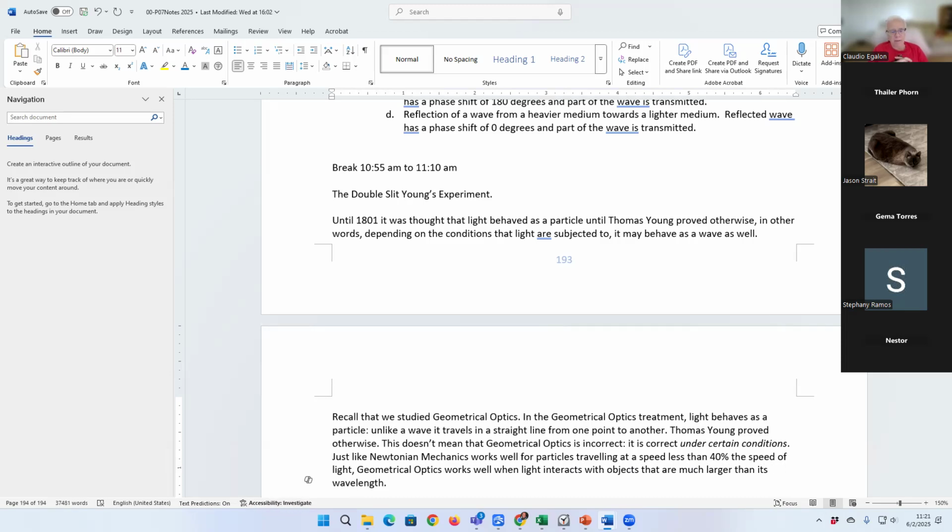So if light has a given wavelength and is interacting with an object that's much larger than the wavelength of the light, stick to geometrical optics.